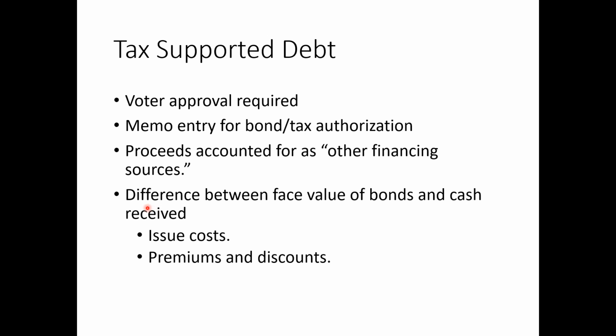Sometimes when we issue bonds, we will have either discount or premium. The difference between the face value of the bonds and the cash received will be recorded as a premium or discount. And we also need to record the issue costs. I'm sure we have seen these in intermediate accounting already.